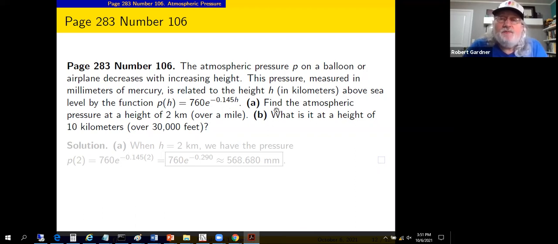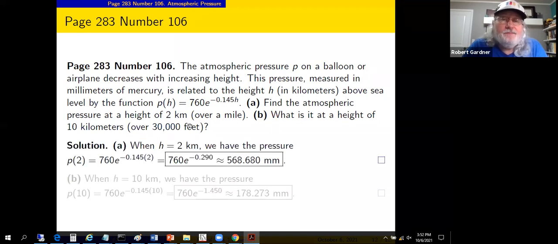But here's their function. Find the atmospheric pressure at a height of 2 kilometers. What is it at a height of 10 kilometers? So we'll plug in 2 and 10. h equals 2 kilometers. Plug that in here. P of 2 is 760 e to the negative 0.145 times 2.